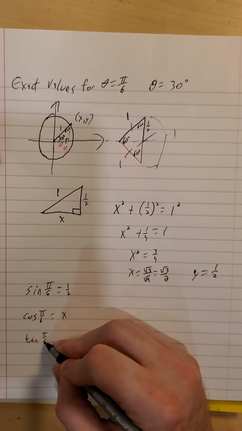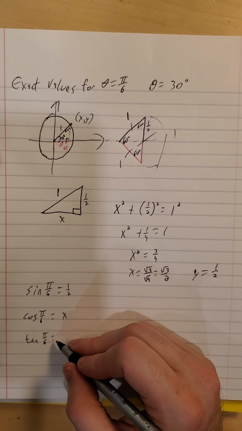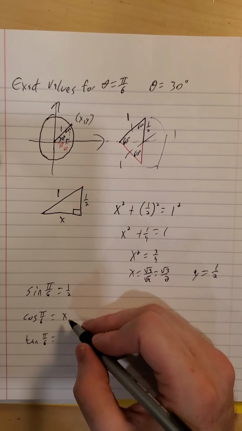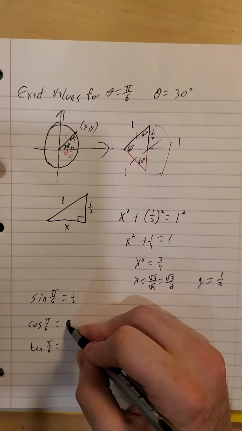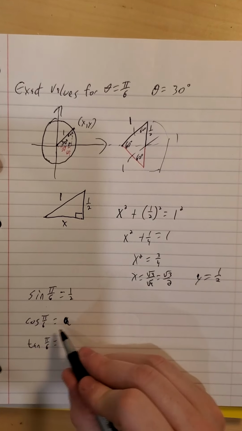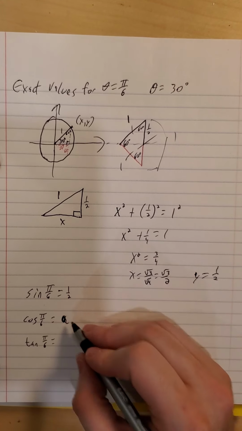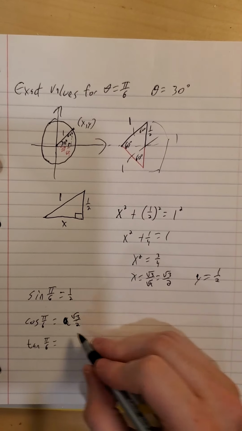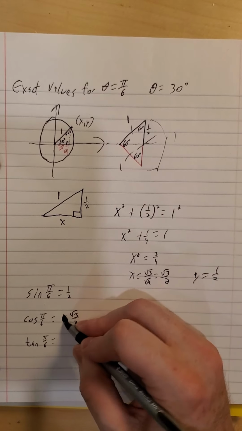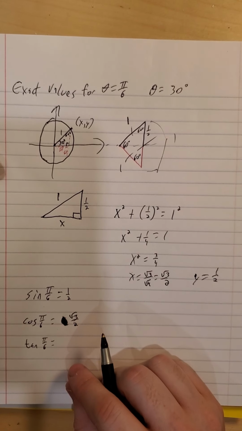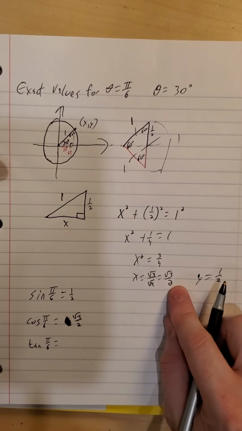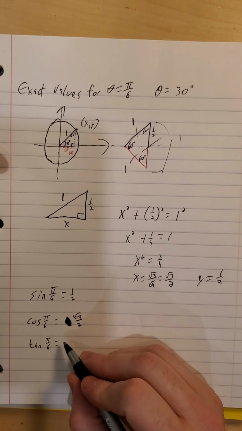Tangent of pi over 6 is defined as y over x or sine over cosine. My apologies for the little brain freeze there. Cosine, our x was root 3 over 2.